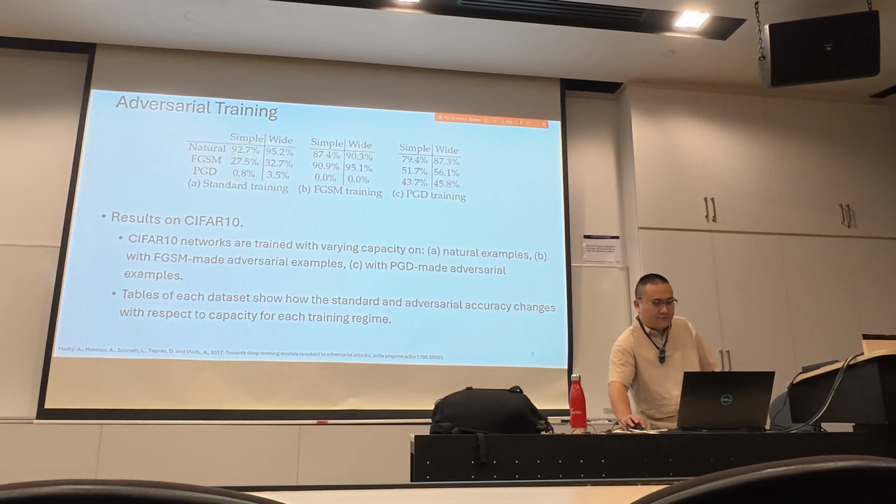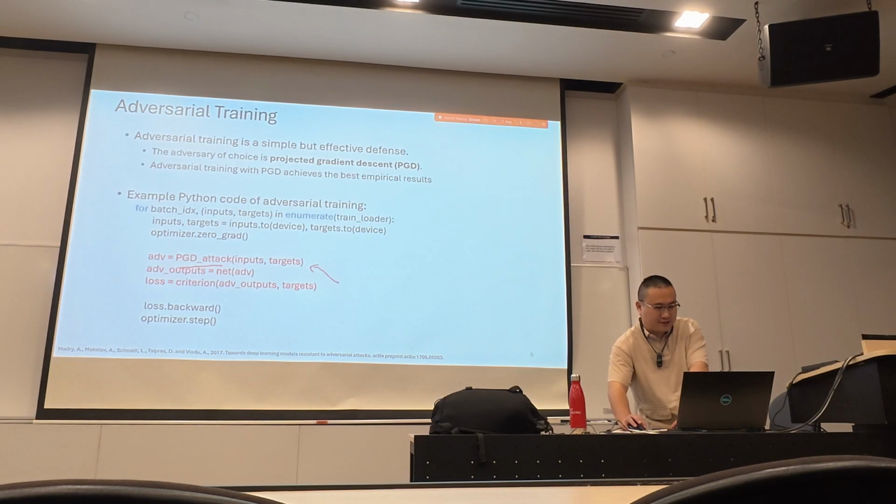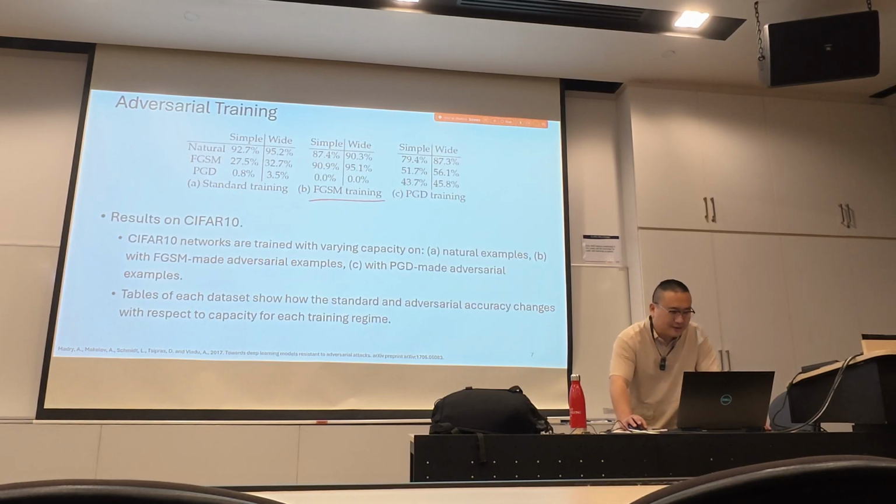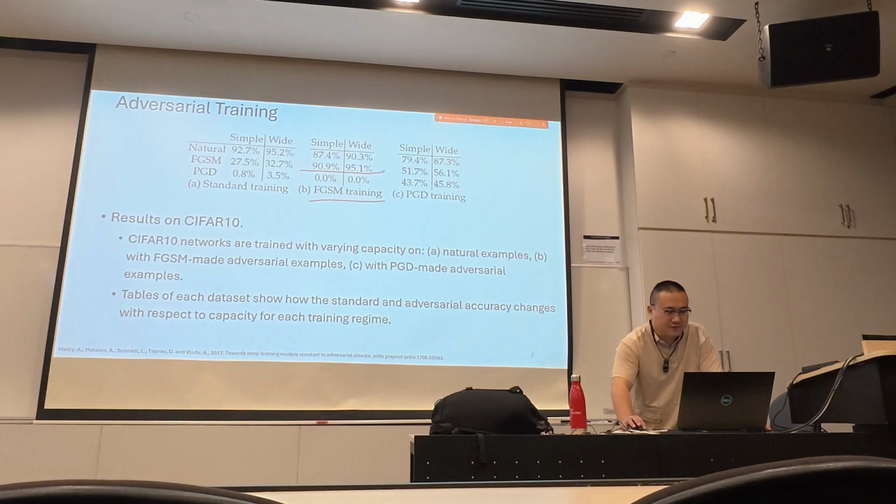And then if we use FGSM to generate the attacks during adversarial training, so here instead of using PGD, we use FGSM, we can see that the model is robust against FGSM. The model can still achieve high accuracy for FGSM attacks. However, PGD can decrease the accuracy to just 0%.